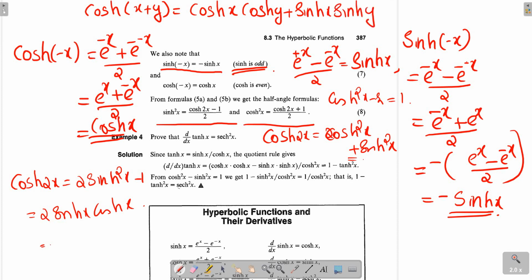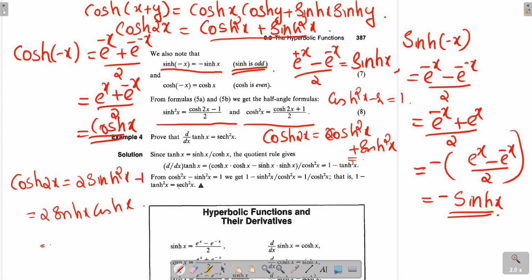Replace y by x, so you will get cosh 2x is equal to cosh square x plus sinh square x.